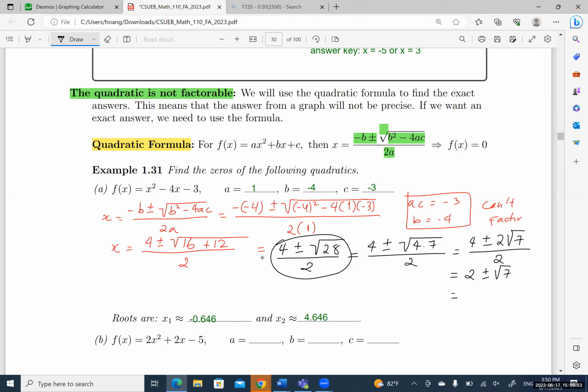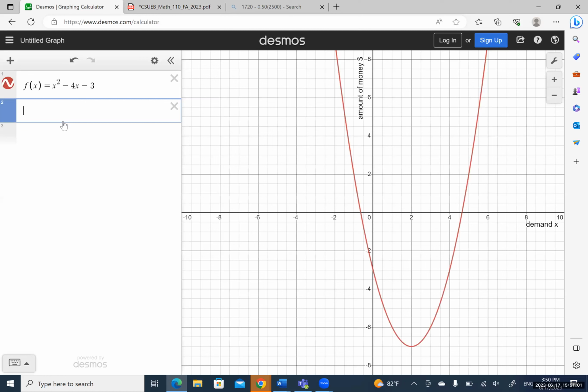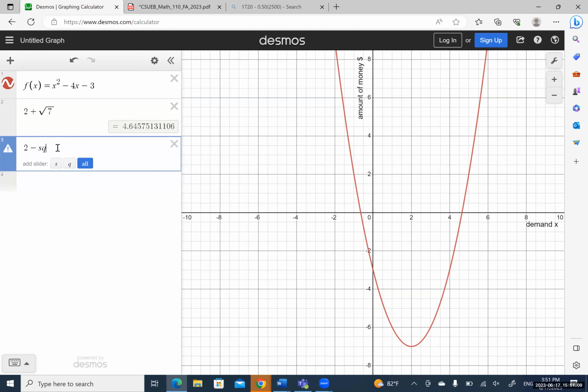So if you're using a calculator, say 2 plus the square root of 7, it's going to be this, and 2 minus the square root of 7, it's going to be this, right?